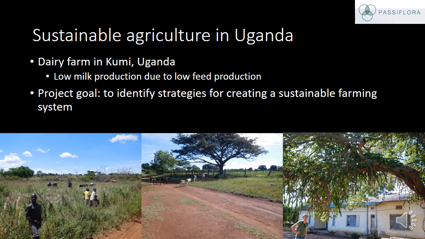There was too little and bad quality feed. So we went there with the project goal of trying to identify strategies for creating a more sustainable farming system with better milk production, and also a more circular system, more of a circle of nitrogen, for example, connecting all the different inputs and outputs.